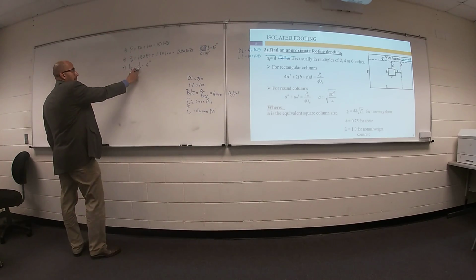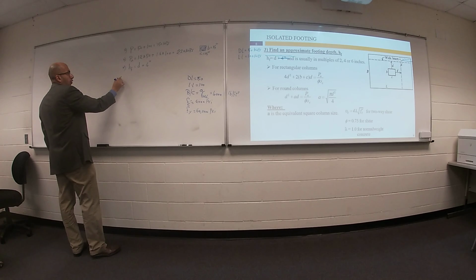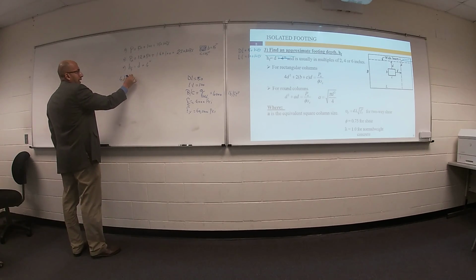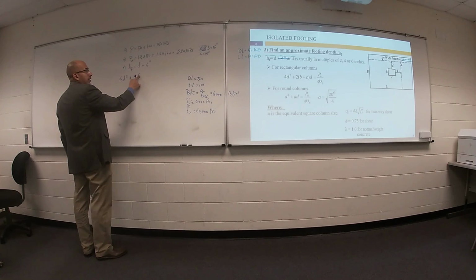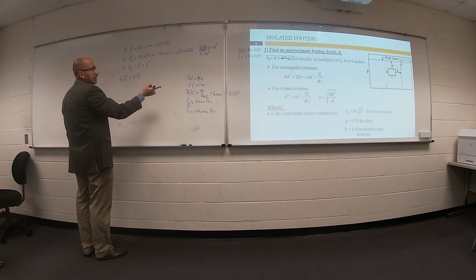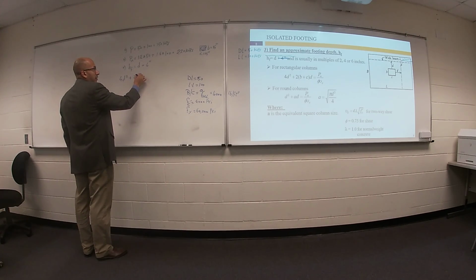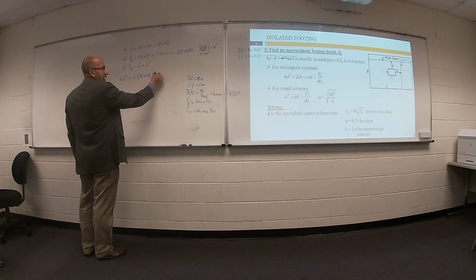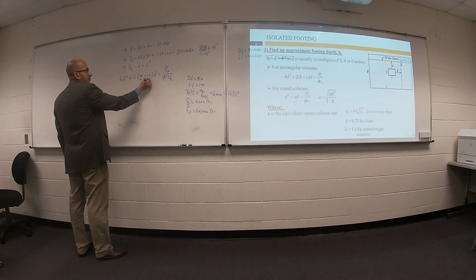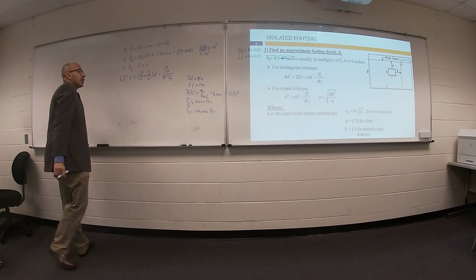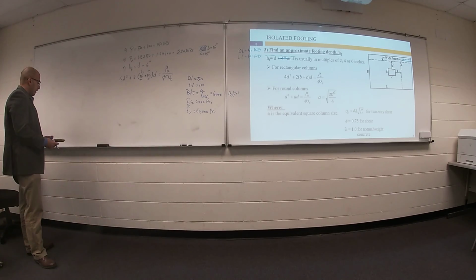So your depth will satisfy 4d squared plus 2 times (b plus c), which is 15 plus 15, times depth, equals P ultimate divided by phi times mu c, where b plus c is the dimension of the column.